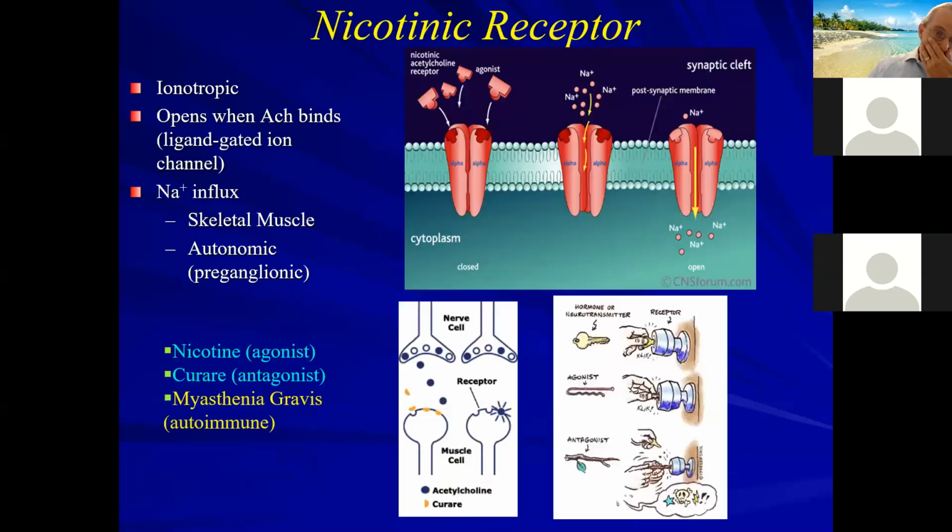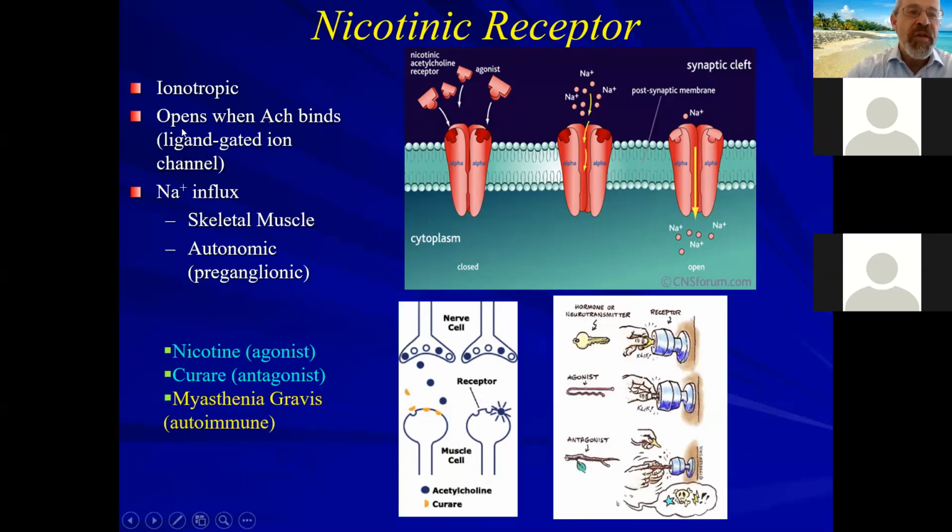All right. Nicotinic receptors, and this is something that's present throughout the animal kingdom, just to let you know. It's not just humans, animals have this too. The nicotinic receptor is ionotropic, as you know. It's a receptor that opens up, an ion channel that opens up when the ligand binds to it.